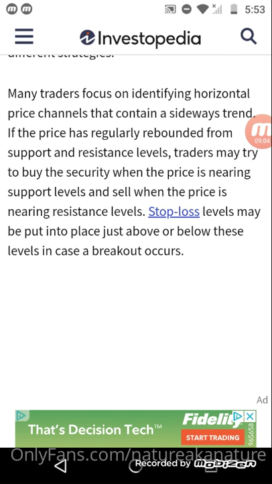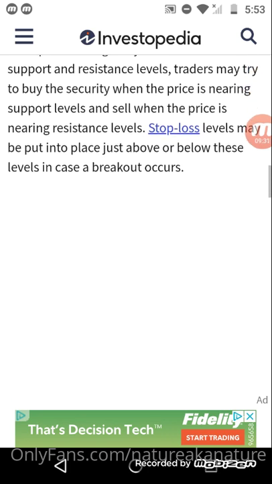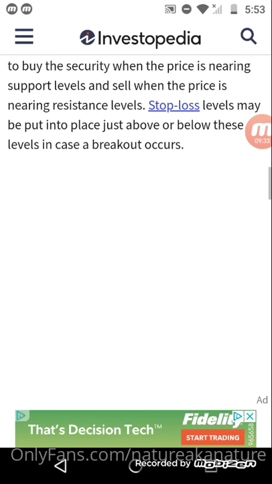It's going to bounce off the support and resistance levels a few times before it actually breaks the resistance level or the support level. If it finally breaks the support level, it's going down. If it finally breaks the resistance level, it's going up. If it broke the support level, the stop loss is above. If it broke the resistance level, the stop loss is below.